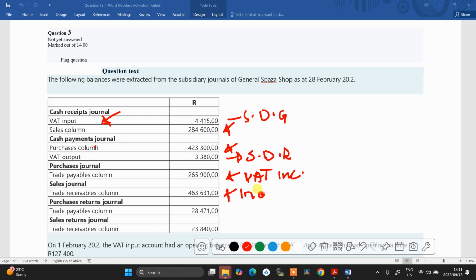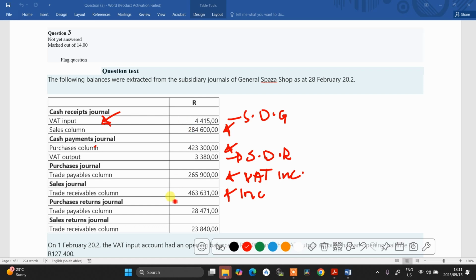Why am I saying that the trade payables column and the trade receivables column are actually VAT inclusive? Remember, in the trade payables column, we record the amount that we are supposed to pay to other entities, and that amount must include VAT. Okay, and in terms of the trade receivables column, we record the total amount that our debtors need to pay in order to settle their debt, and that also includes the VAT.